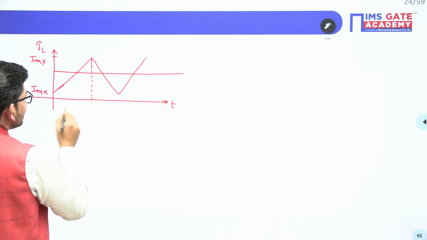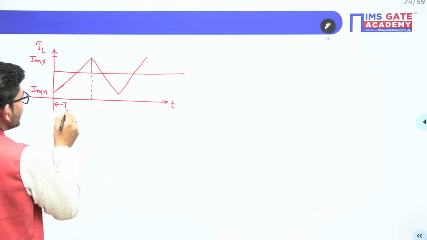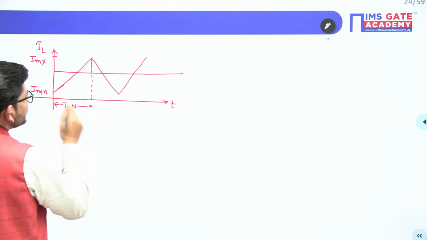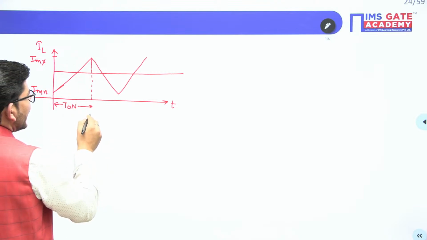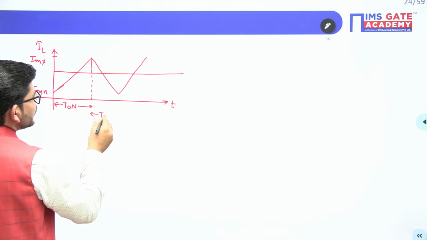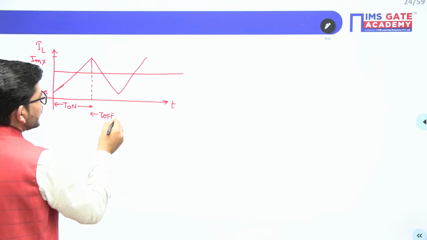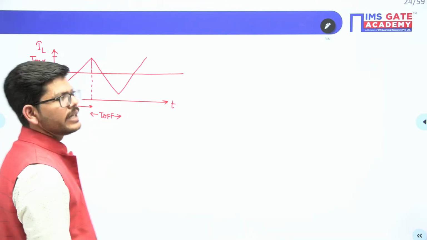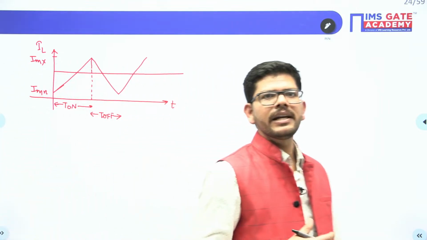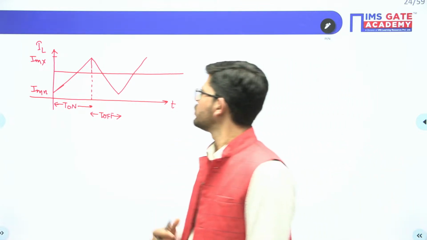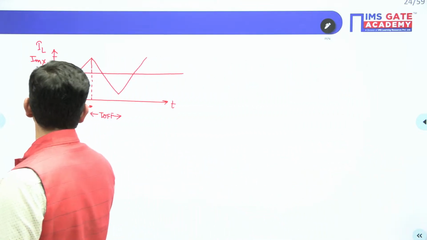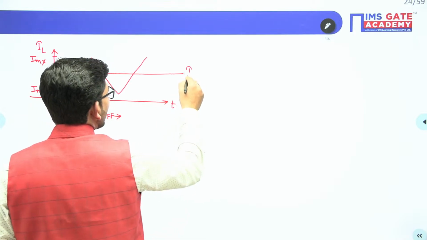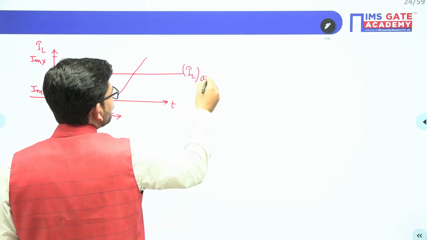If this is my on time, then the inductor will be storing the energy and the inductor current increases. And if this is my off time, then the inductor releases energy and the inductor current decreases linearly from maximum to minimum value. So this is how the inductor current varies. And what is the average inductor current in case of buck converter?